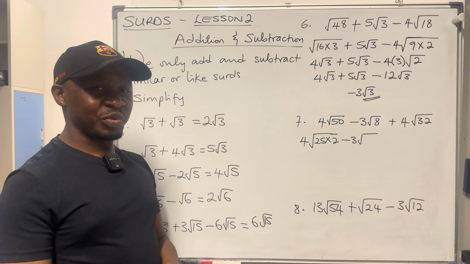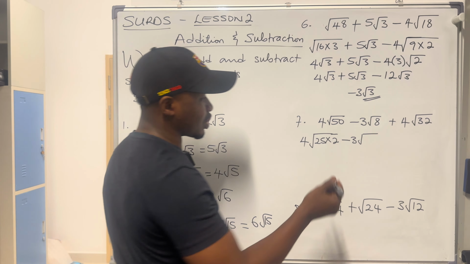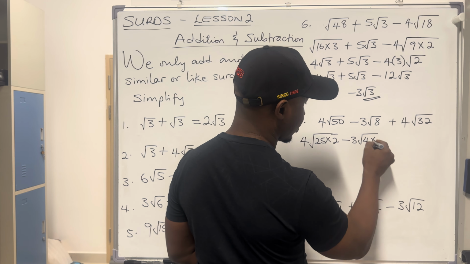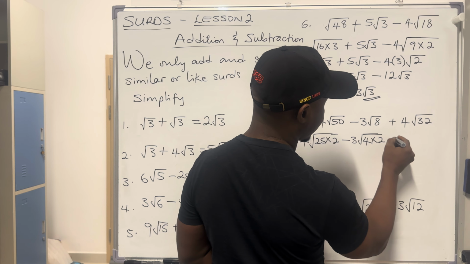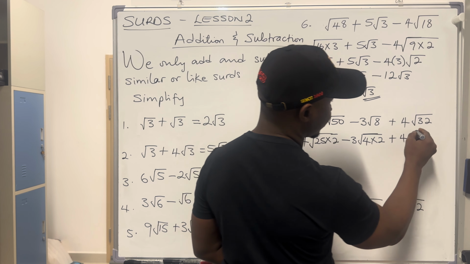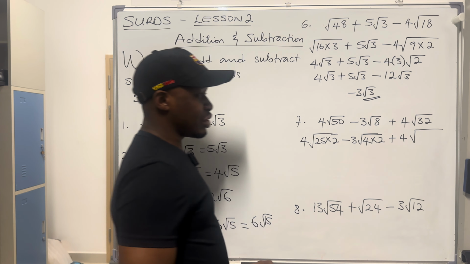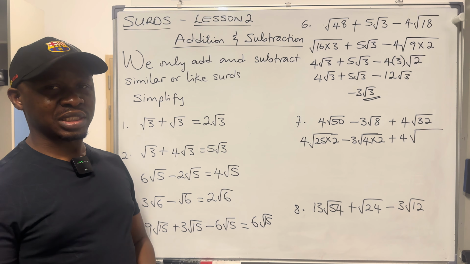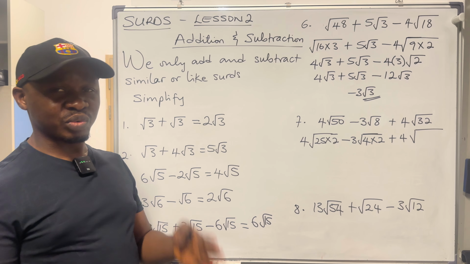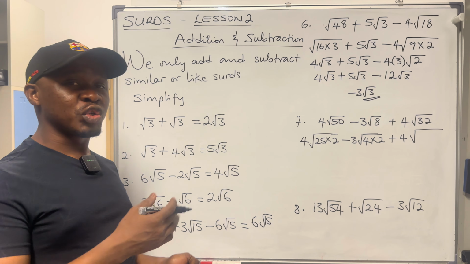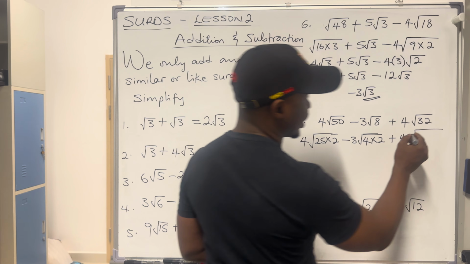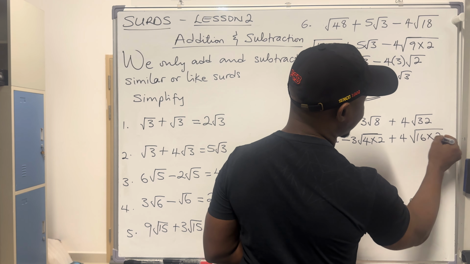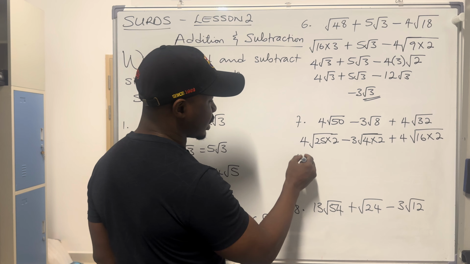Divide 8 by 2, we get 4. 4 is a perfect square, so 4 times 2. 32 divided by 2 is 16. 16 is a perfect square, so 16 times 2.